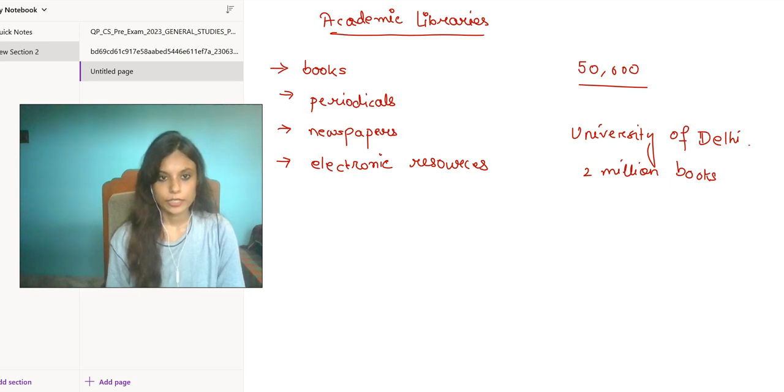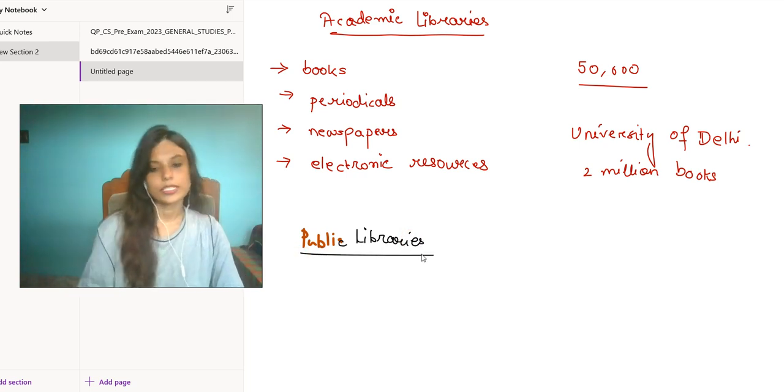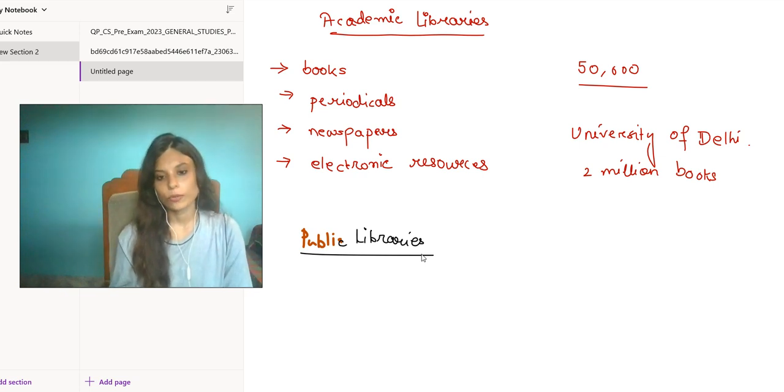Apart from this, we have public libraries. Public libraries are those kinds of libraries which are open to the public.